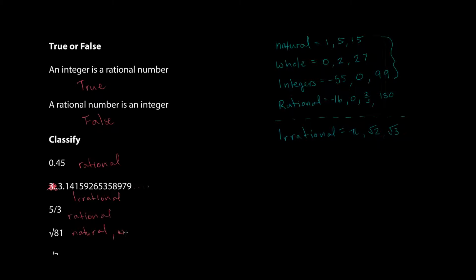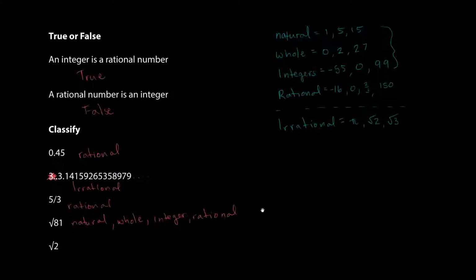Yeah. So, it's a whole number. Is it an integer? Yes. Is it rational or irrational? Well, let's think back. 9 can be written as a fraction. That's just 9 over 1. So it's rational. So you see a number like 9 actually fits into a bunch of categories.